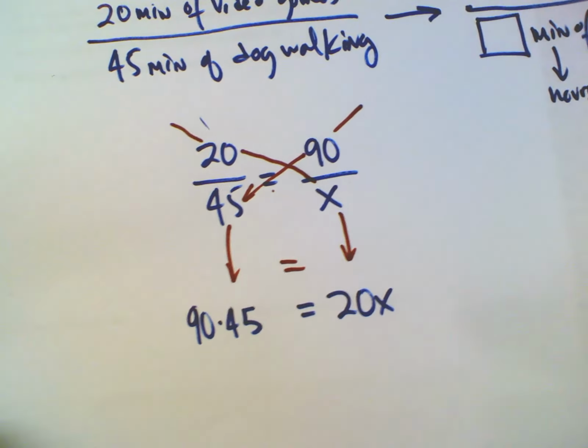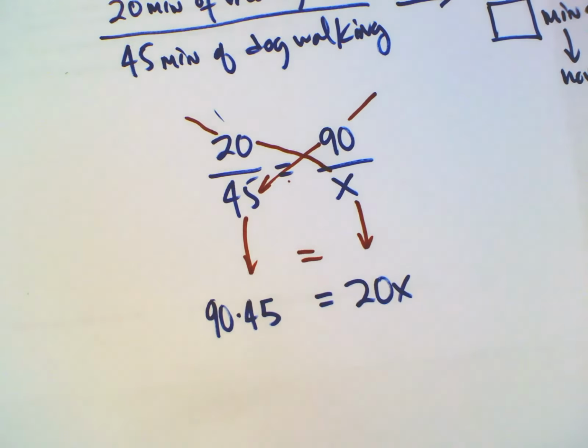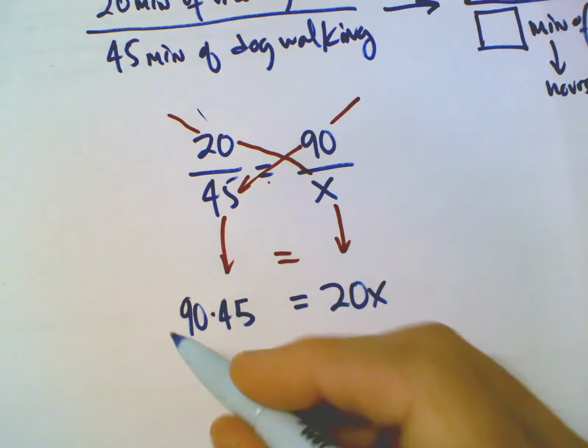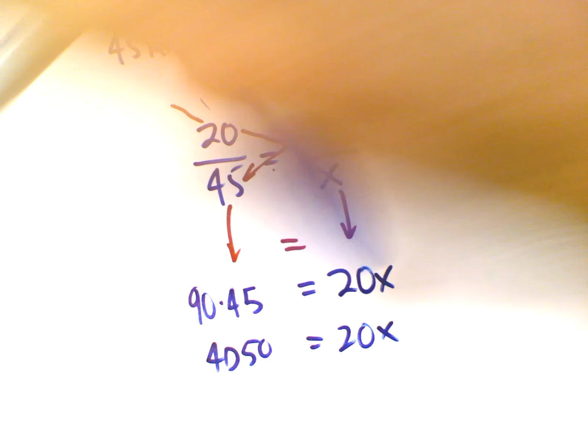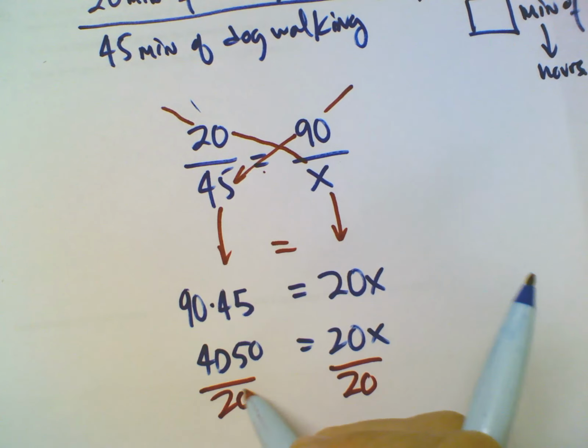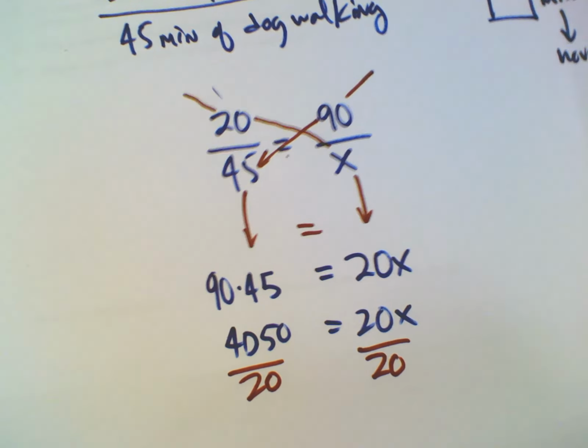So I've got to do my math here. 90 times 45. Let's see, what is 90 times 45? 4,050 equals 20x. Now the whole goal is to get x alone. So I'm going to divide by 20 on both sides to get my x by itself.